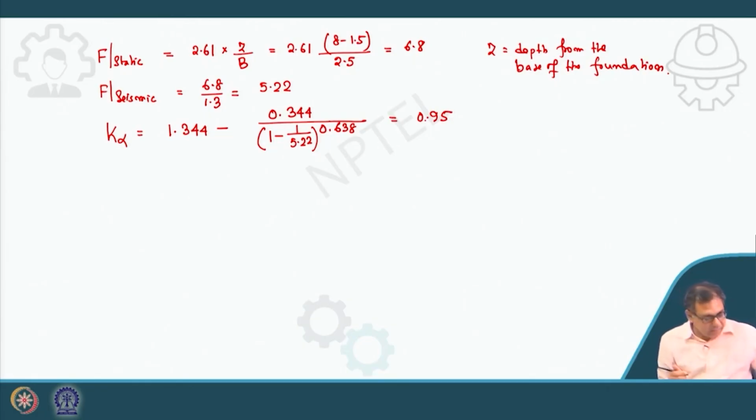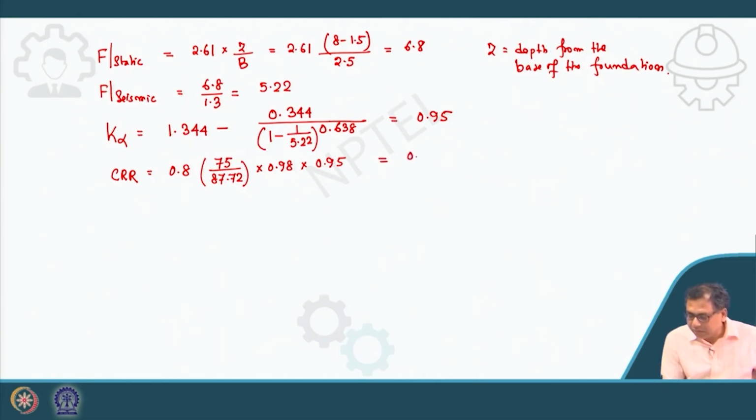Now if I calculate the CRR, it will be 0.8, then at that point SU is 75, then it is 87.72, then MSF is 0.98 into 0.95.